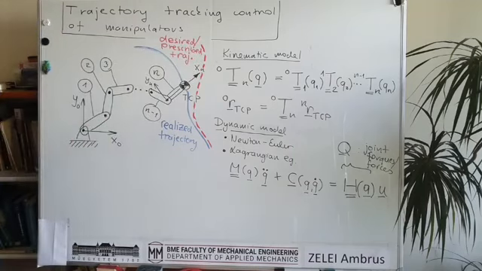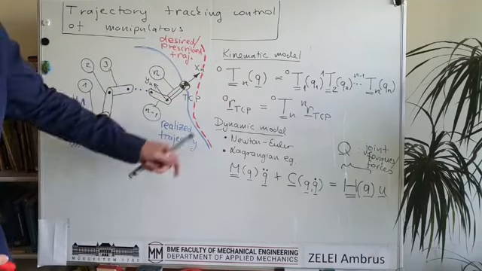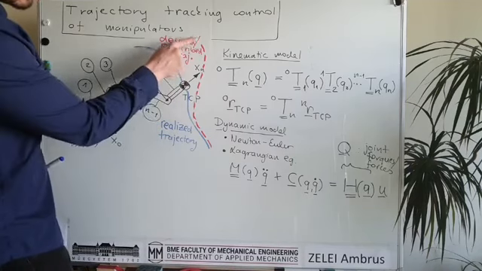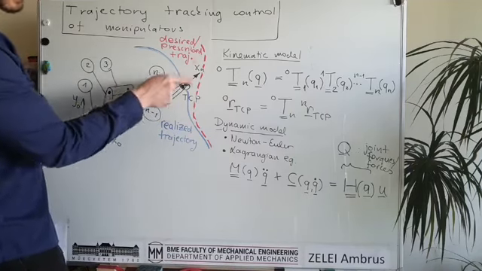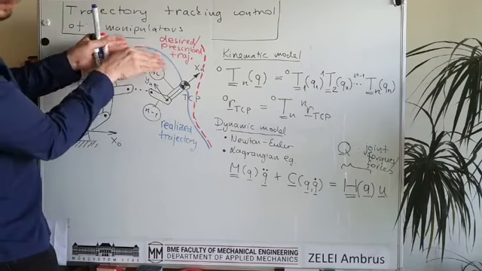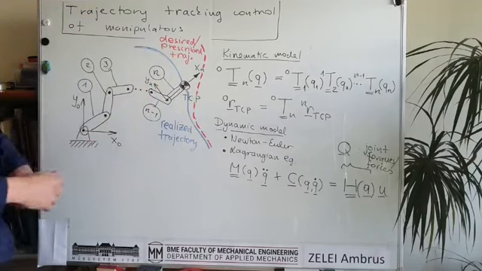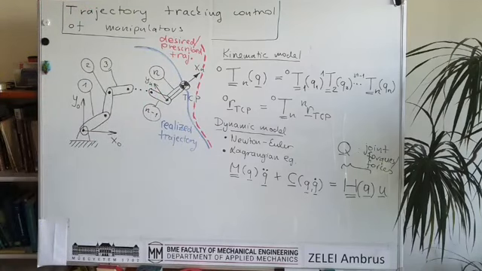And we want to move our tool center point along the desired trajectory. So finally the realized trajectory of the tool center point will be closer and closer to the desired trajectory. They should converge to each other.